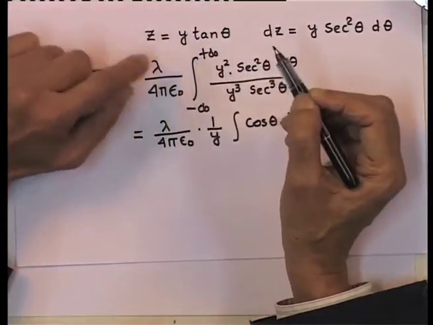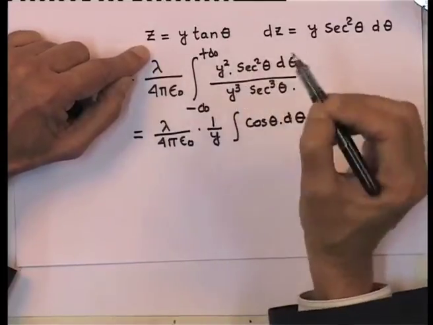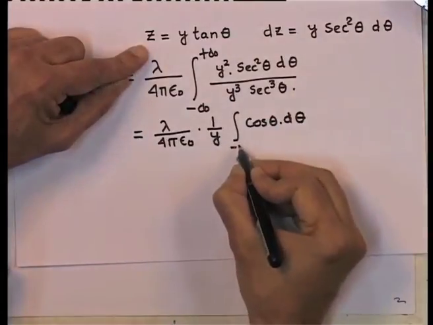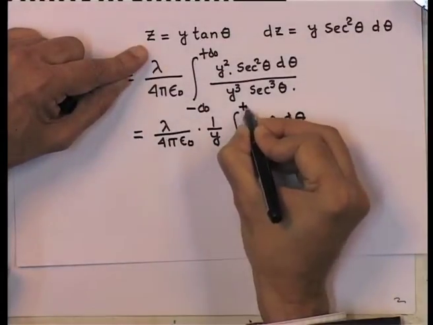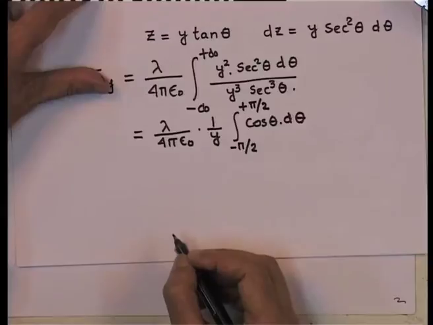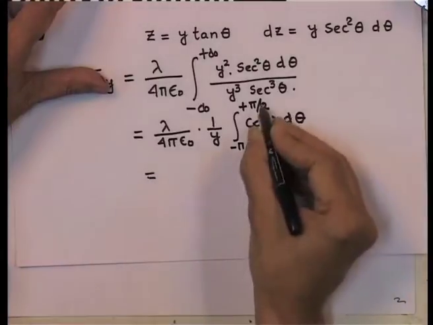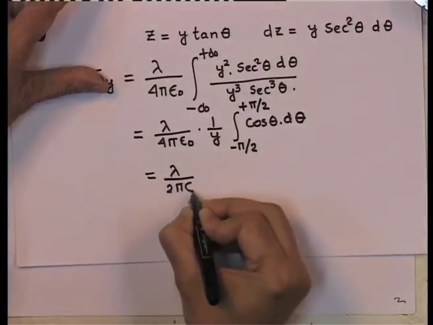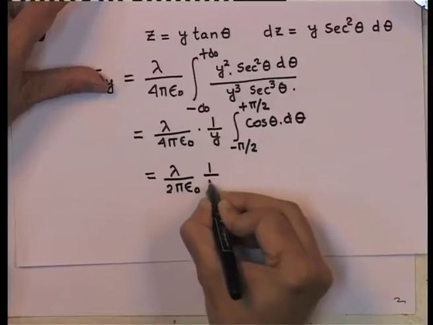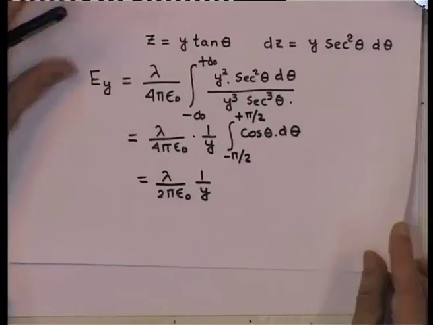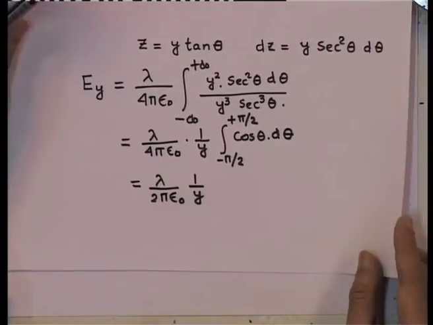So if z is going from minus infinity to plus infinity, then theta must go from minus pi by 2 to plus pi by 2. The integral of cos theta d theta is sin theta, which with the limits gives me 2. So I will be left with lambda over 2 pi epsilon 0 y. This is the electric field due to an infinite line charge.